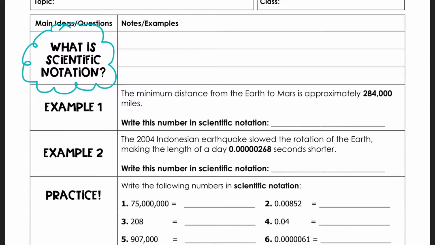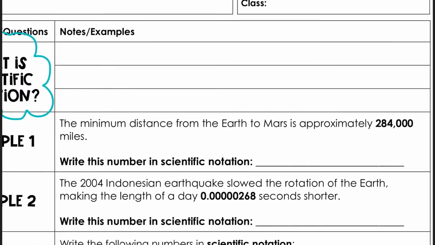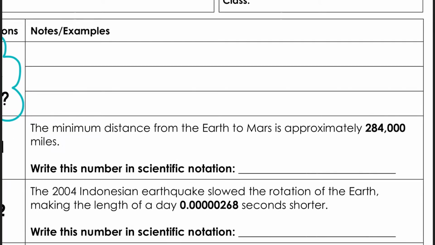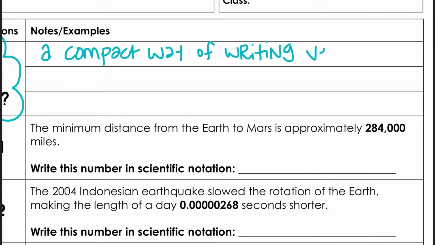Okay, so what is scientific notation? Scientific notation, I'm going to make this a little bit bigger so when I write on it, it doesn't look quite so sloppy, is a compact way of writing very large or very small numbers.